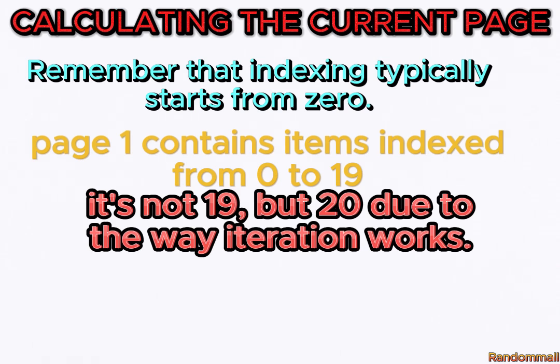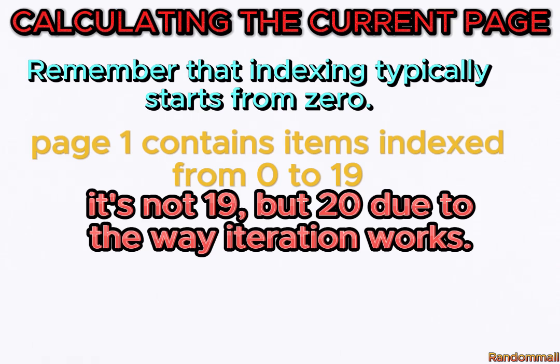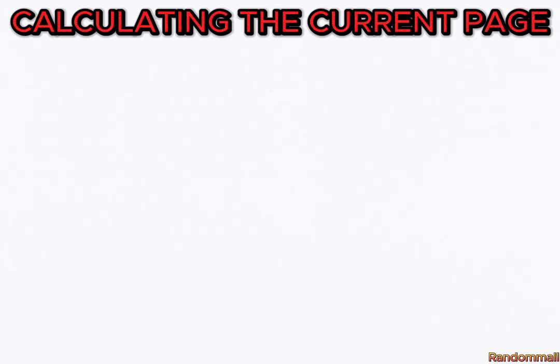If you want to get the items from 0 to 19, you have to loop through 0 to 20, because you will not get the 20th item, but you will get the items from index 0 to 19. That's why we use 20 as the index in this example, where there are 20 items per page and we are looking to get page 1.